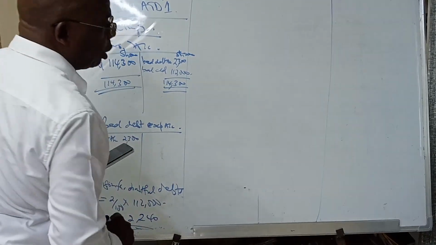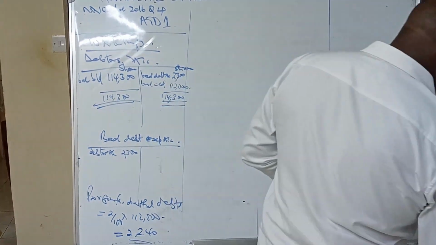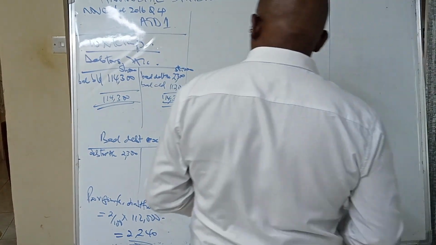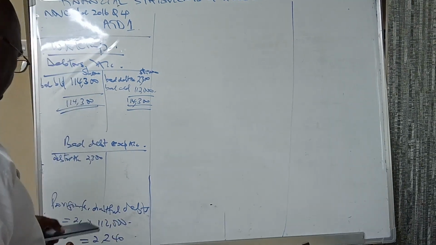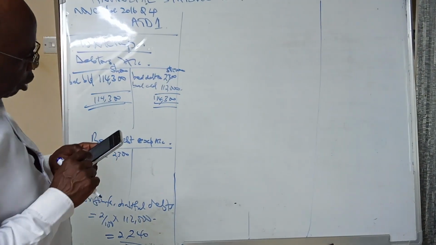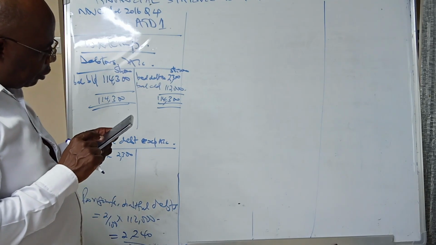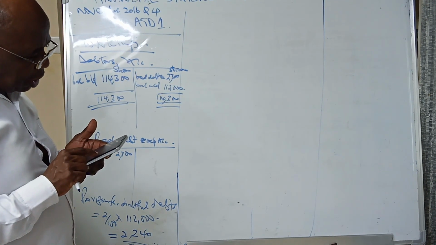Our provision for doubtful debts is 2,240,000, and that is what we will take to the income statement. When you get that, you always need to check whether we have an existing provision for doubtful debts. Only the difference goes to the income statement.